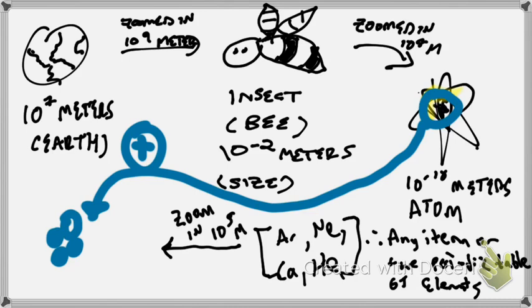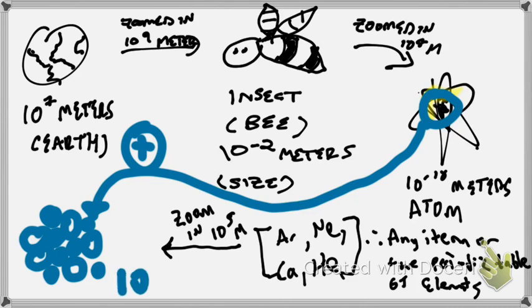So we have some protons, we have some neutrons. Let's just say this is what it looks like. In terms of meters, this is a view of 10 to the negative 15 meters. And that is the nucleus.